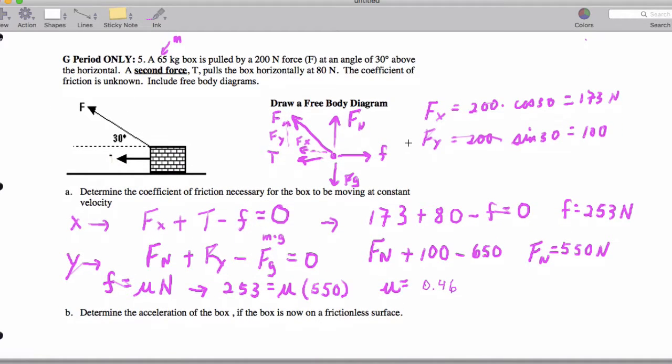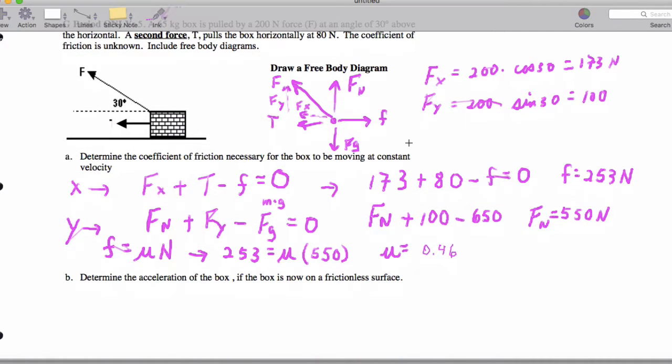All right, determine the acceleration of the box if the box is on a frictionless surface. So now, since we have acceleration and no friction, what we can say is Fx plus T equals ma. Here we go. 173 plus 80 equals 65 times a.